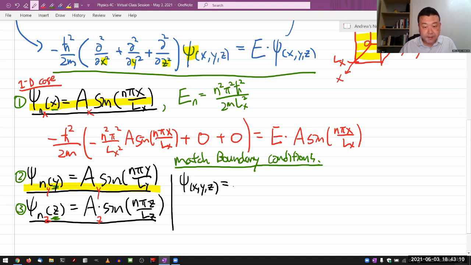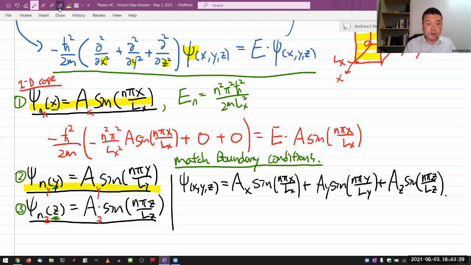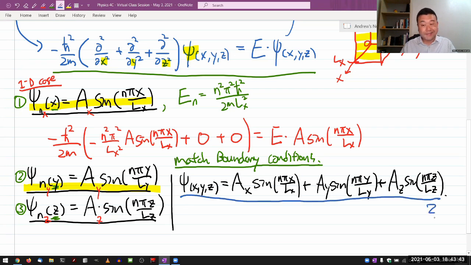And you build up something like this: a sub x sine of n pi x over L sub x plus a sub y sine of n pi y over L sub y plus a sub z sine of n pi z over L sub z. Now, if you are considering whether this might work, you'll find that it doesn't.